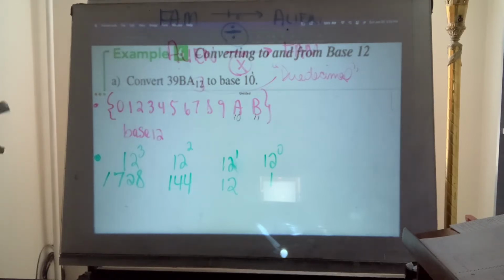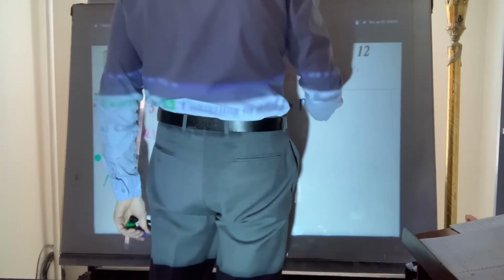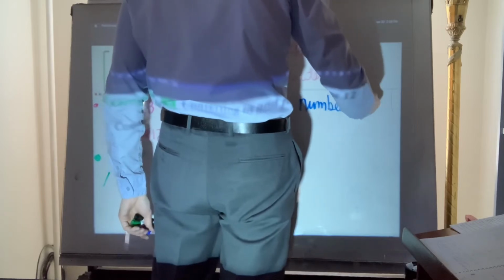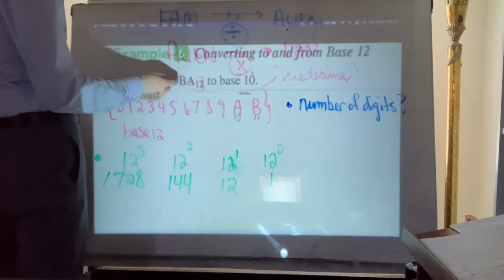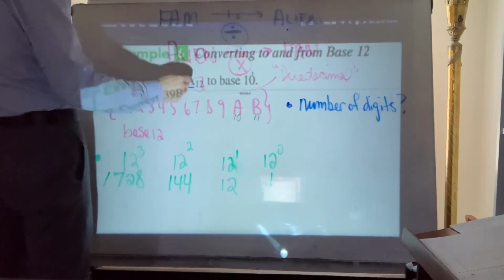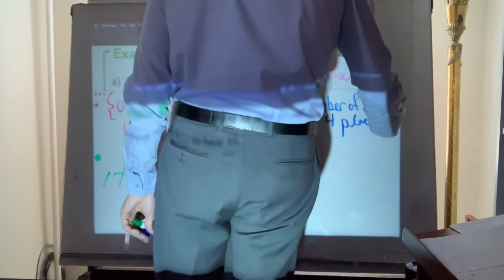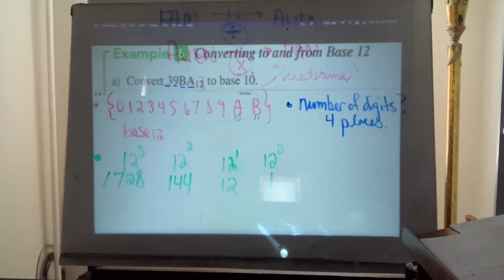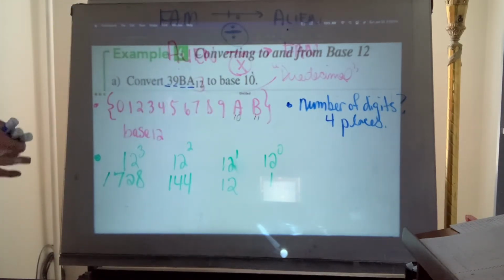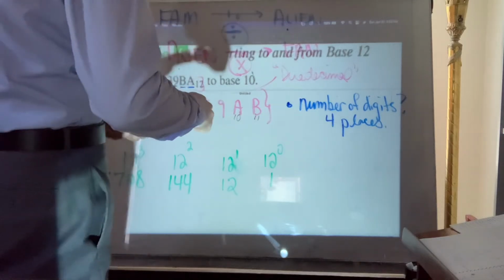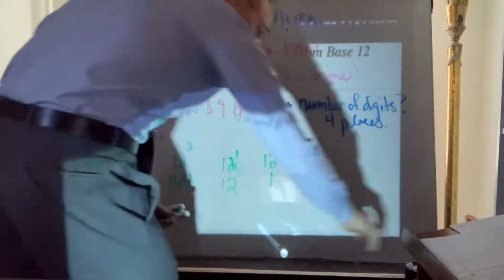How many places do we have? Number of digits. Well, there are, including the letters, 1, 2, 3, 4 characters. So we need 4 places to account for. There's my new red here.